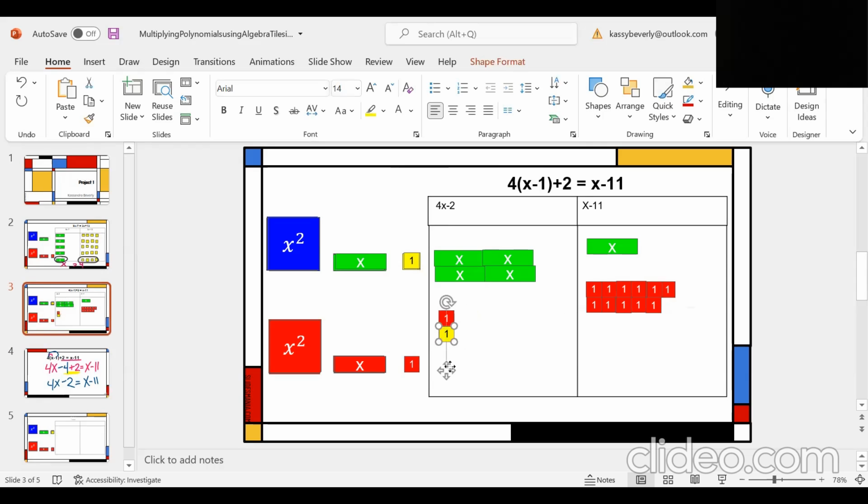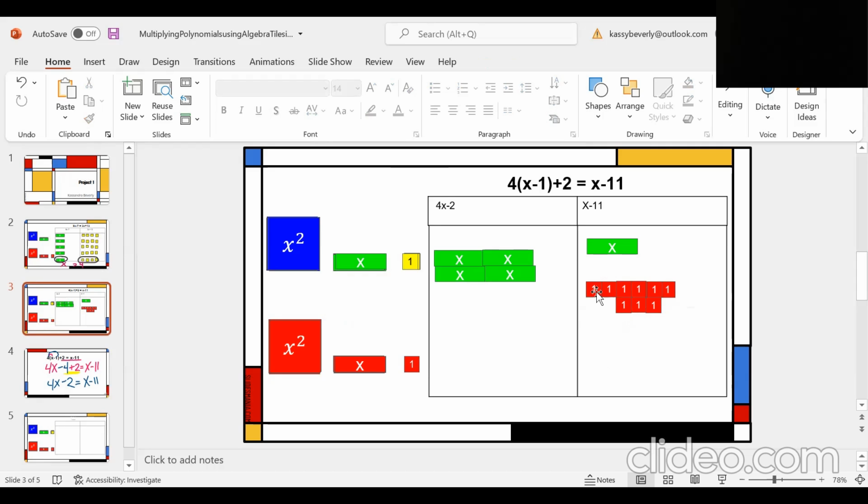This positive cancels this negative. All right, and what we did to the left side, we're going to do to the right side. So we're going to add 2 positive units. Right, and then each of these positive units is going to cancel one of the negatives. This positive is going to cancel this negative. All right, so now on the left side, we're left with 4x. And on the right side, we're left with x subtract 9.